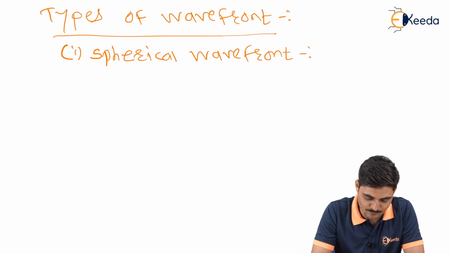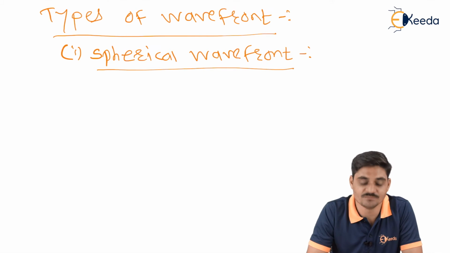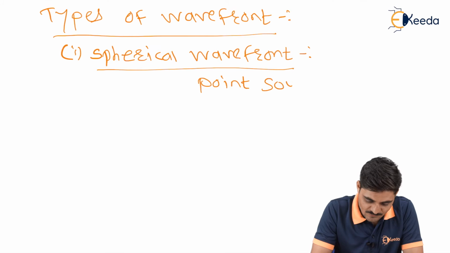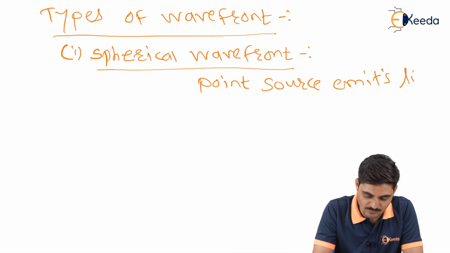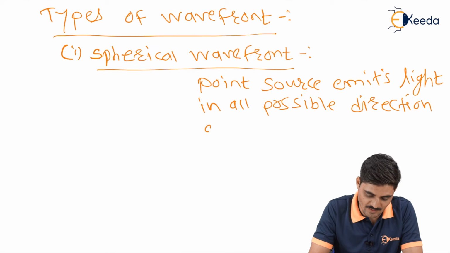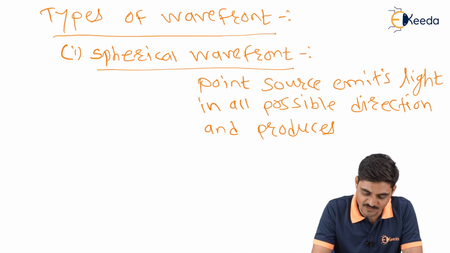What is spherical wavefront? A point source emits light in all possible directions and produces spherical wavefront.